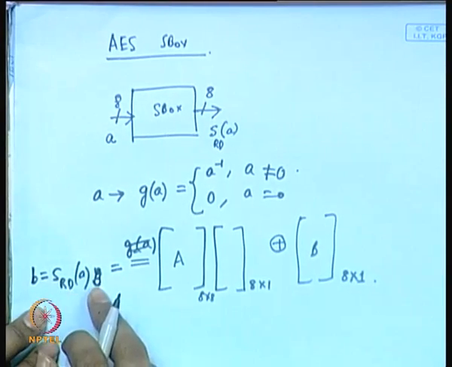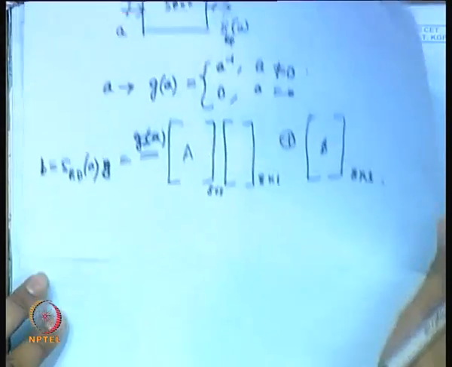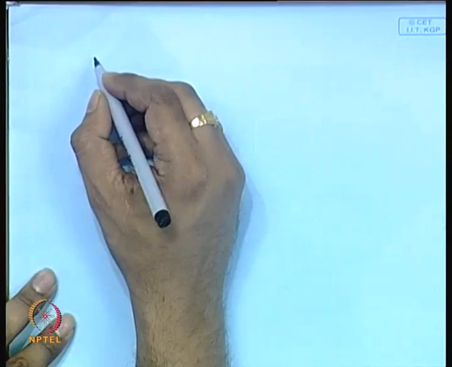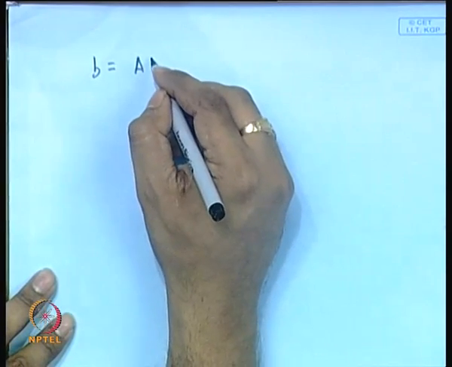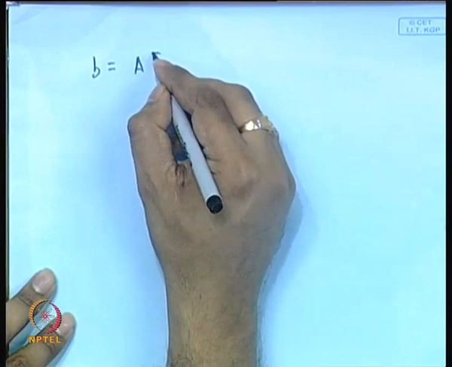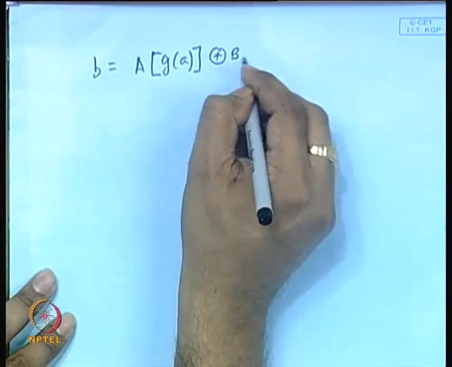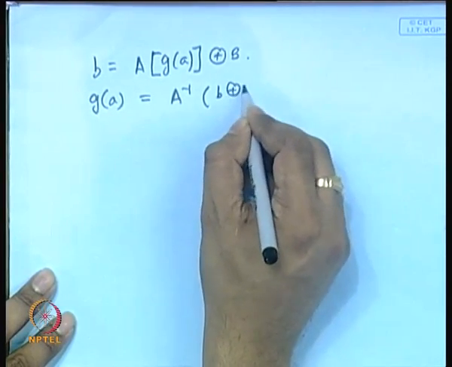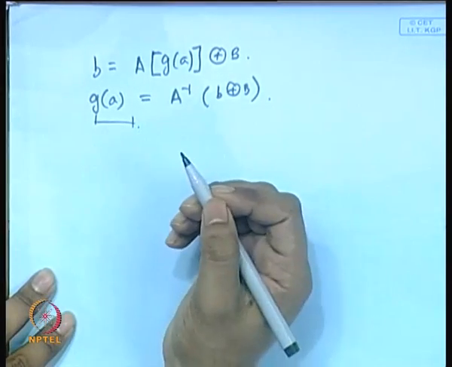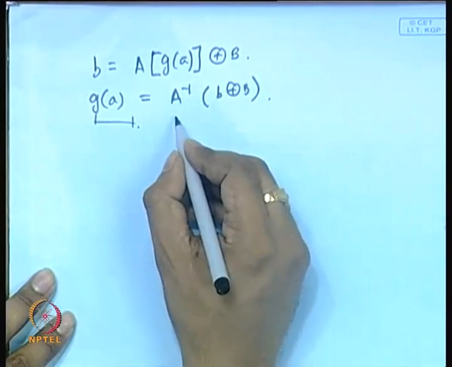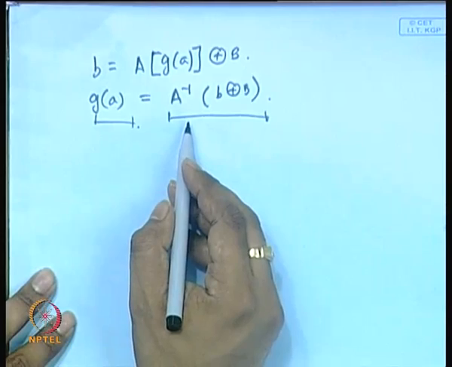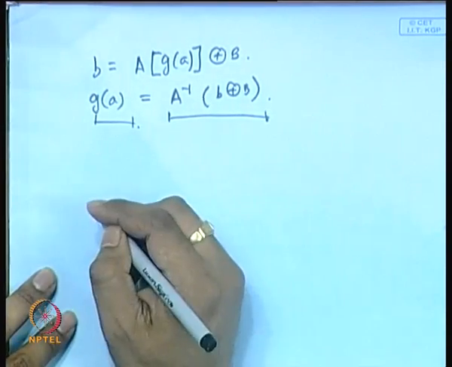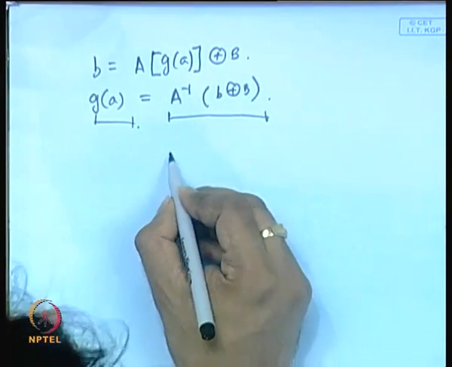Now given B, how can we obtain back A? We can easily see that B equals A times G(A), XORed with B. So if I want to obtain back A, first I obtain G(A) by multiplying A inverse with B XORed with B. Since G(A) is defined by the inverse in the finite field, and G is a self-invertible mapping, that is, if you give it A, it will give you back A inverse, I take the finite field inverse of this.